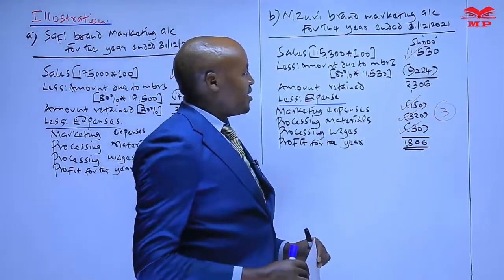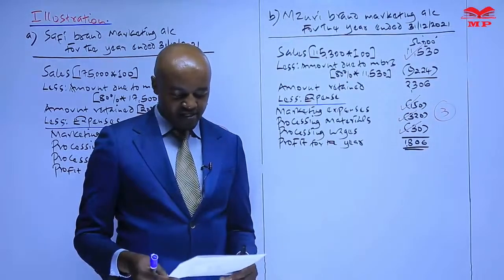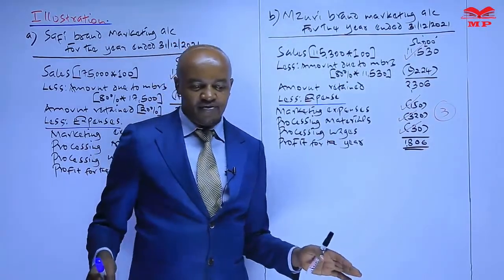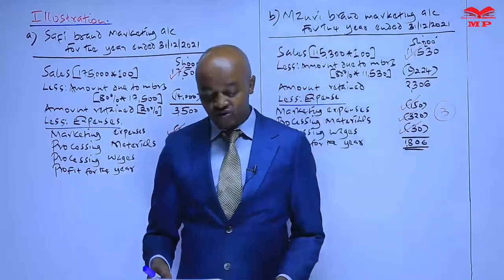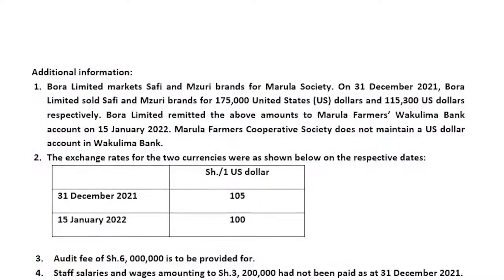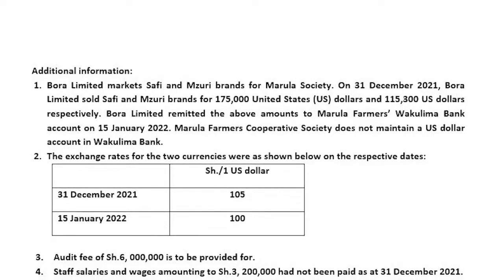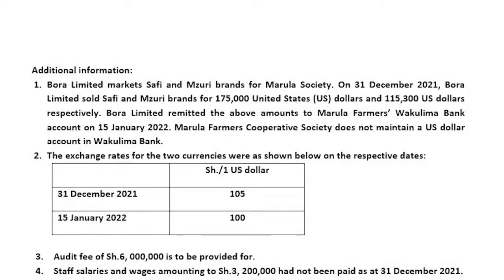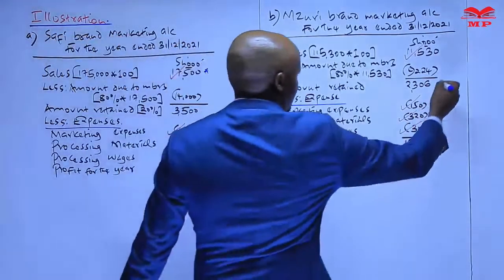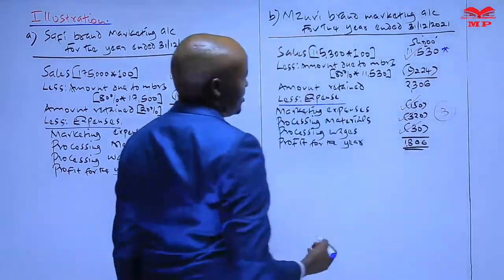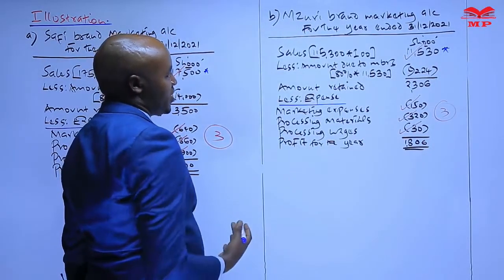One, when the year was coming to an end, this particular agency, remember we have said that this cooperative society has an agency, which is called what? Bora Limited. As per the information given in note 1, this agency had not remitted this amount of money to the bank account of the cooperative society as at the end of the year. So therefore, this amount here, 17,500, and also this one, 11,530, it was an amount which the agency owed to the cooperative society.